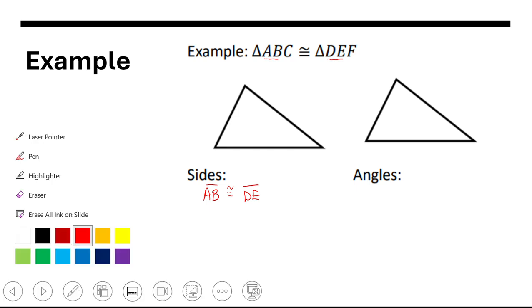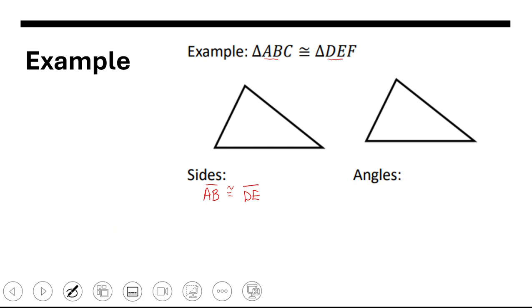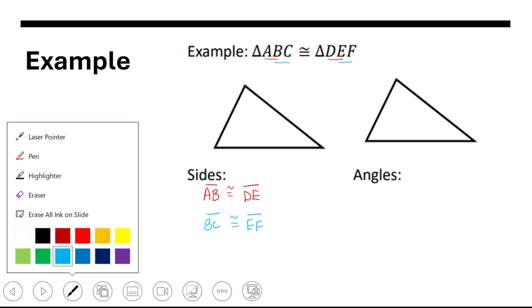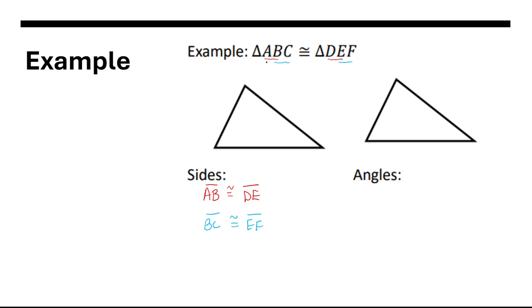And I know that BC has to be congruent to EF because they're corresponding in the statement, so they would also be corresponding sides of the figures. And then the last side, AC, would have to be congruent to DF.